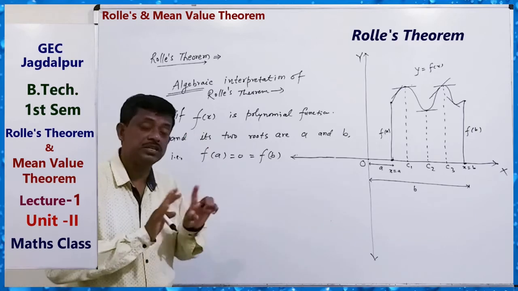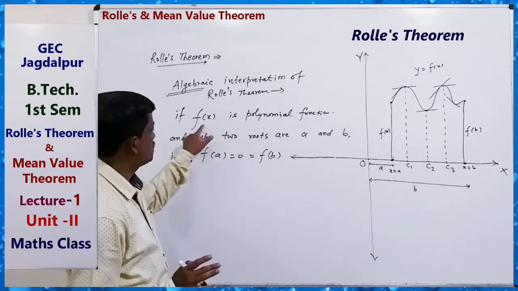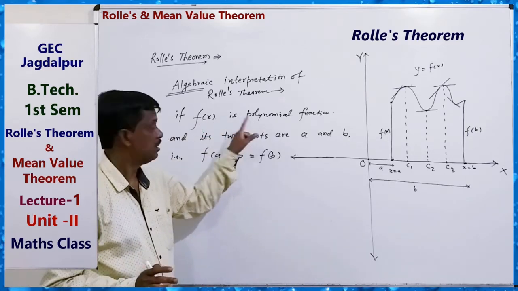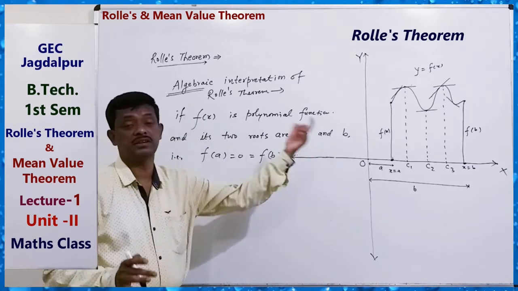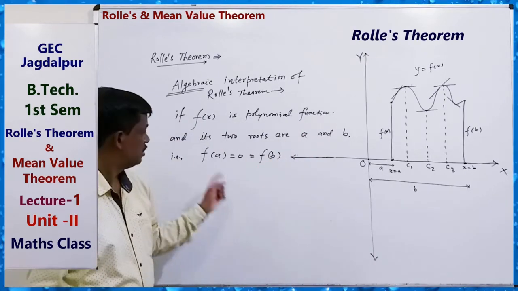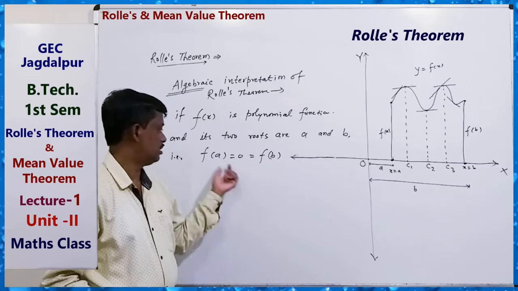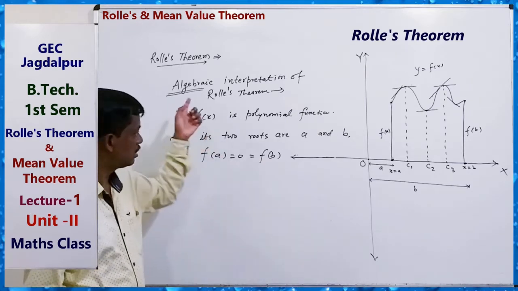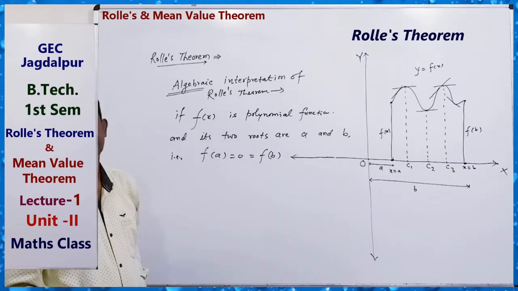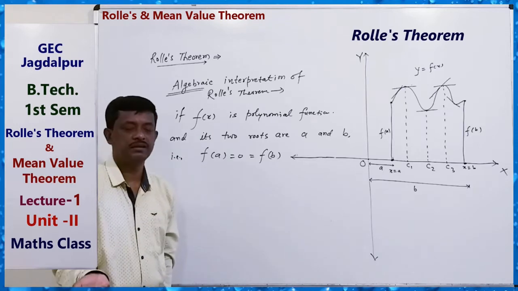So three conditions are satisfied. If f(x) is a polynomial function and its two roots are a and b, that is f(a) = f(b) = 0, both are equal. So the three conditions of Rolle's theorem are satisfied.